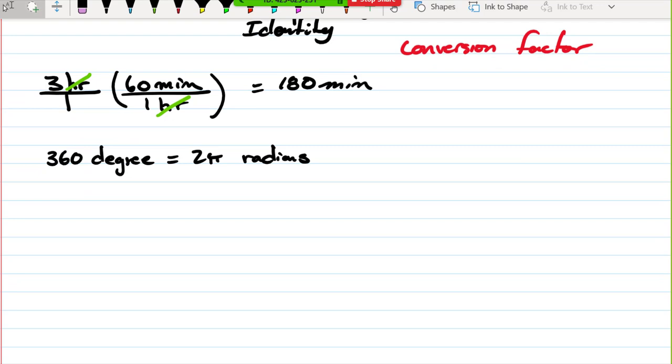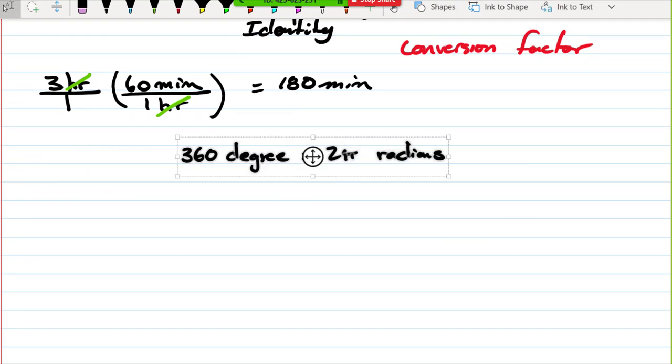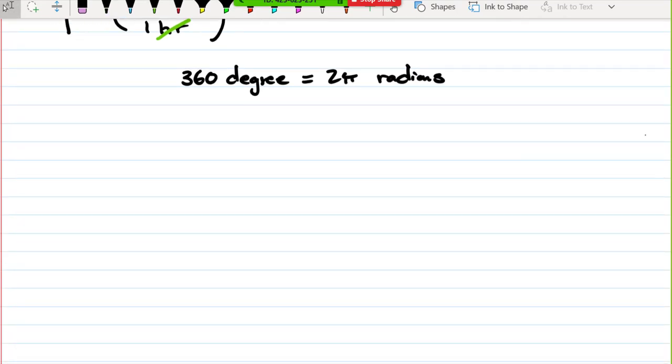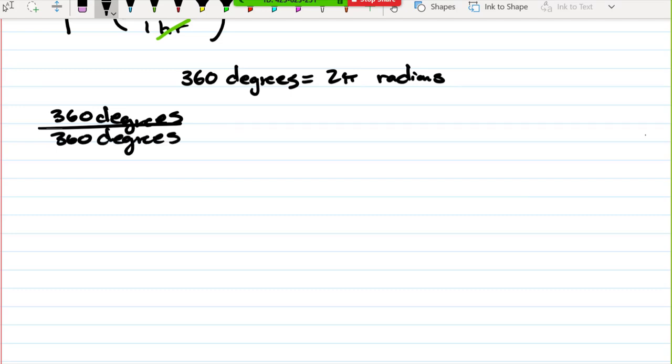So if I divide both sides of this equation by 360 degrees, I get 360 degrees divided by 360 degrees is equal to 2 pi radians over 360 degrees.